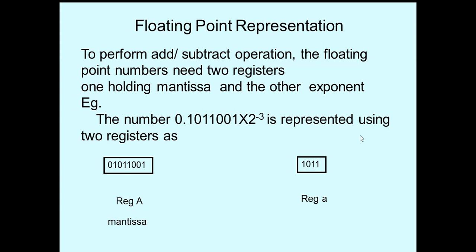It is represented using two registers as 0 1 0 1 1 0 0 1. This 0 is the sign, and the small register here holds the exponent value. So register A holds the mantissa, and register B holds the exponent value.